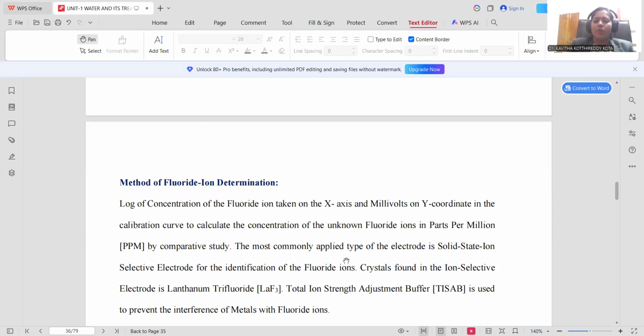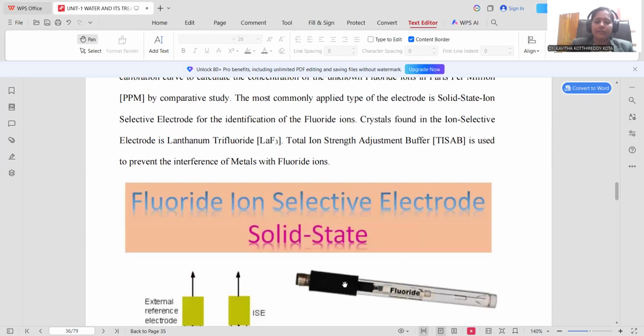A commonly used ion selective electrode is the solid state ion selective electrode, lanthanum trifluoride. Another important addition is TISAB, which can be added as a total ionic strength adjustment buffer. This TISAB buffer is used to avoid the interference of metals.